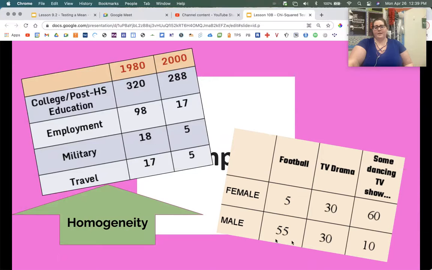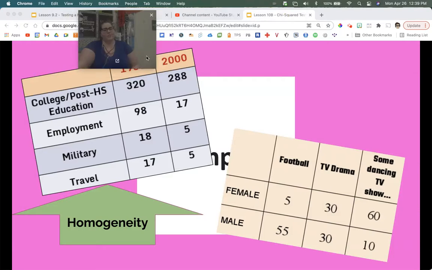On the other hand, here is another table. It looks the same. That's why I'm saying it's sometimes hard to tell. It's the same type of two-way table. But what we have here is gender along one side, and then what their favorite TV show is, or what their favorite thing to watch on TV is, on the top side. The question that might be asked here is, do we have evidence that there's an association between your gender and the type of TV show you like to watch?